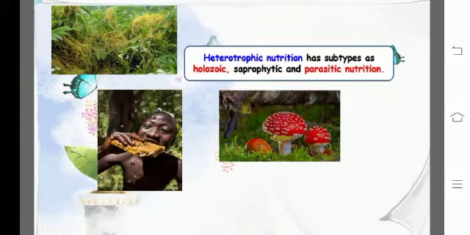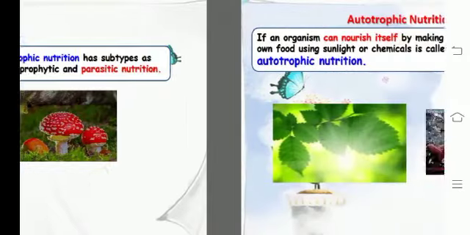What are the subtypes of heterotrophic nutrition? Holozoic, saprophytic and parasitic nutrition. These are the subtypes of heterotrophic nutrition.